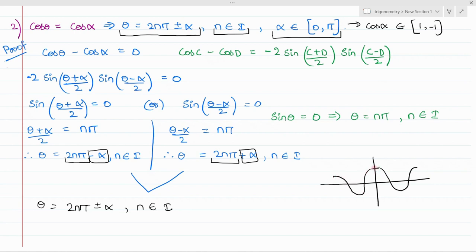The highest value will be 1 and the least value will be minus 1. So cos is lying in the range, so alpha belongs to 0 comma pi.